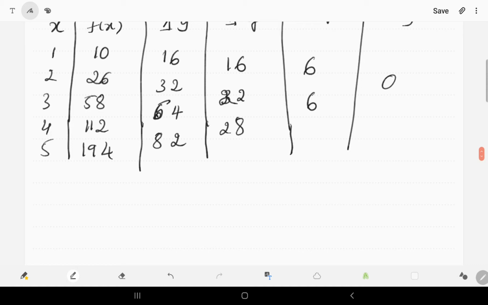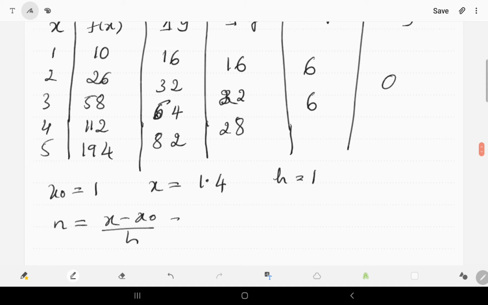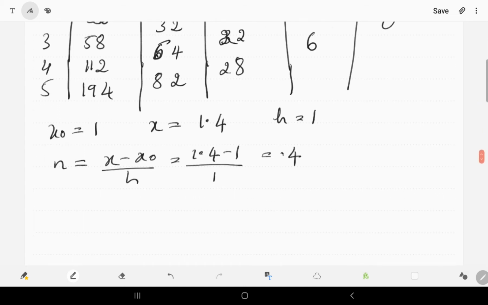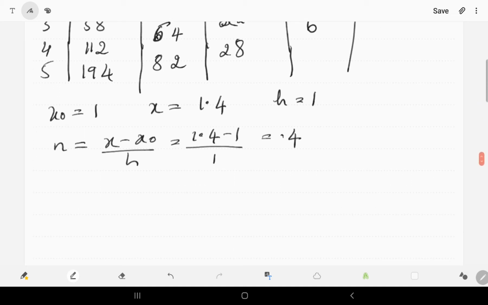Now we have x naught equals 1 and x equals the given value, that is 1.4, and h equals 1. Therefore n equals x minus x naught by h, that is 1.4 minus 1 divided by 1, that is equal to 0.4. Now substitute this value in the given equation.